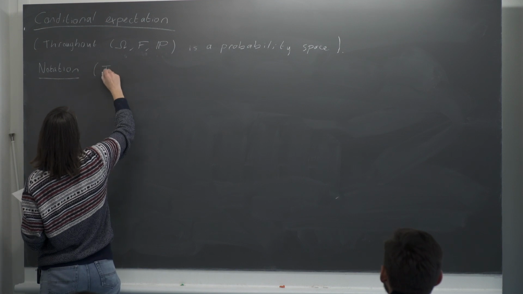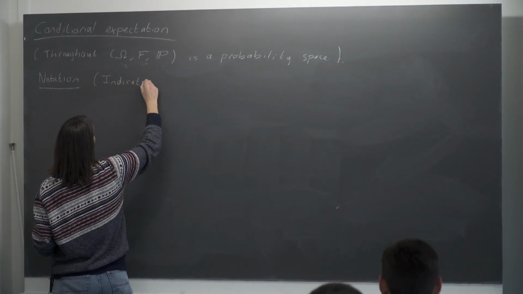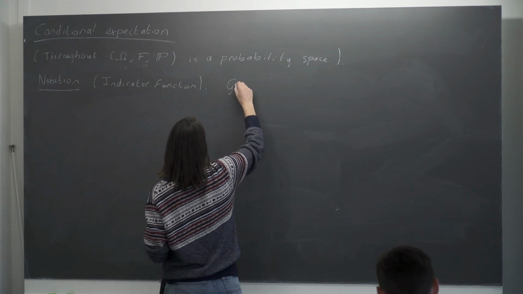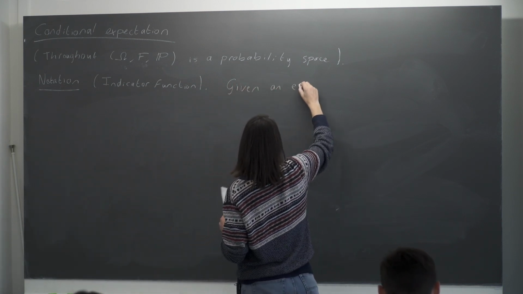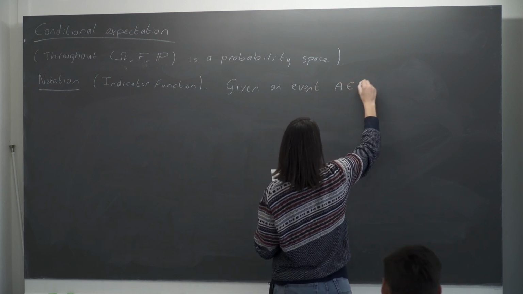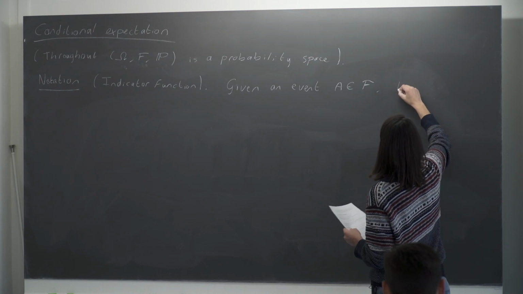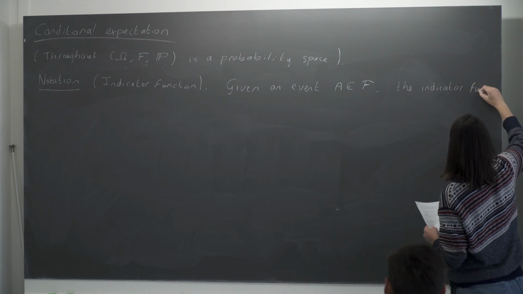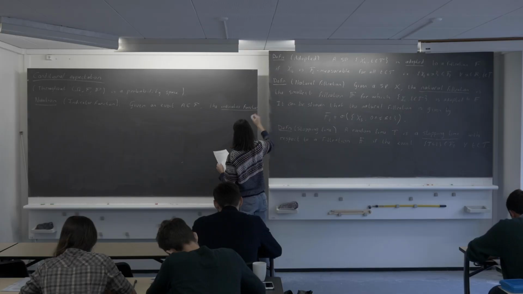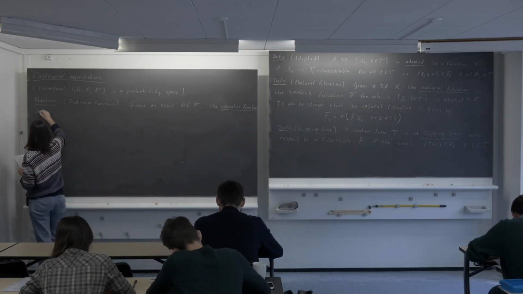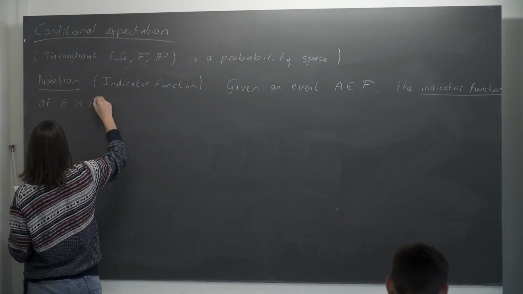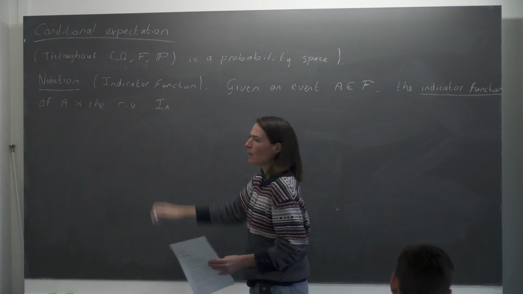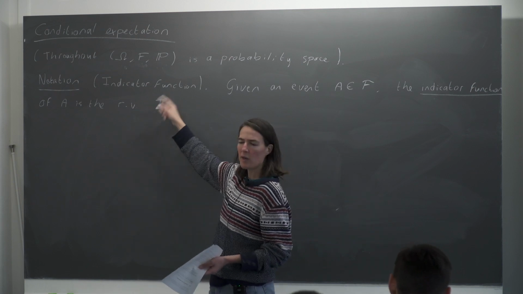So this is notation for an indicator function. Given an event A in our underlying sigma algebra, the indicator function of A is the random variable, and I'm going to use the notation capital I. Some of you might be used to just using a 1 or a double bold 1.